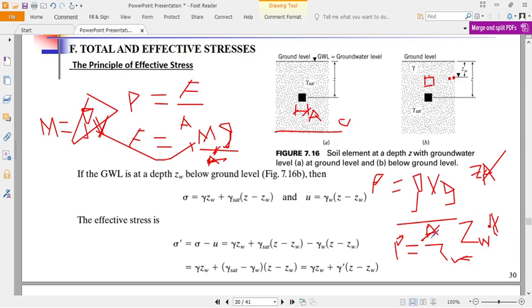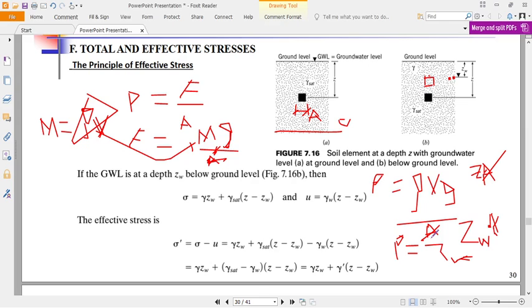Now in the end, when you arrange, this value is the same value, so you factorize this out. That's why we are factorizing it out. When you subtract this minus this, you get what we call the submerged unit weight, which is the effective unit weight. The effective unit weight is equal to the saturated unit weight minus the unit weight of water, which is this.